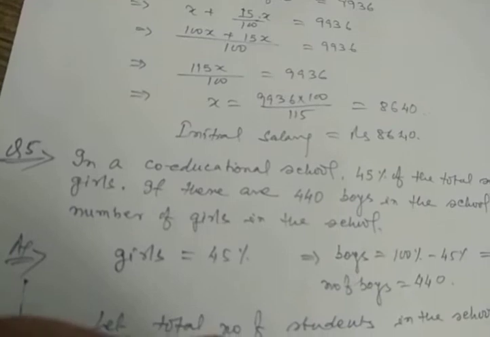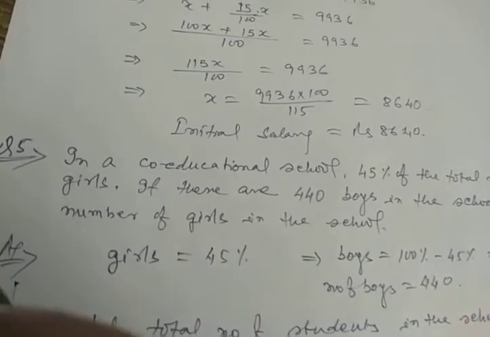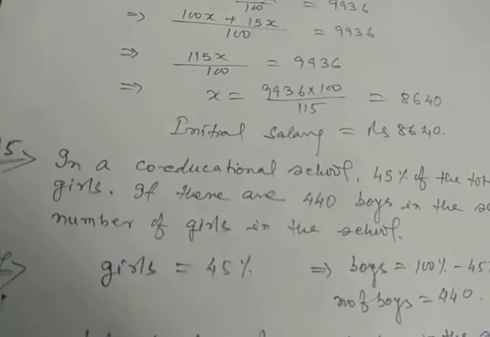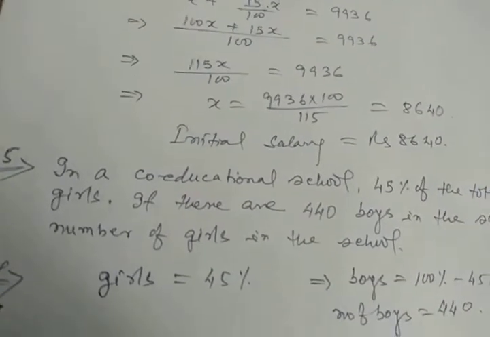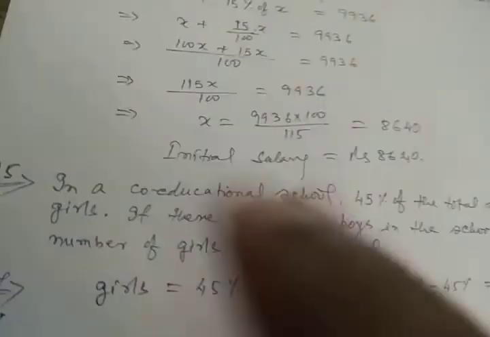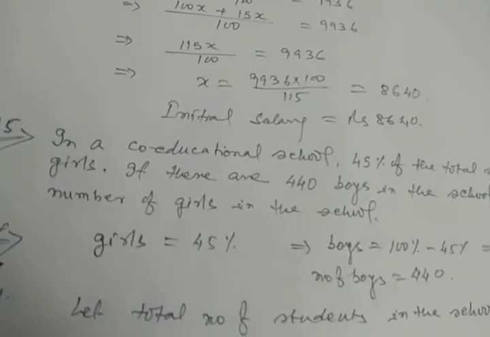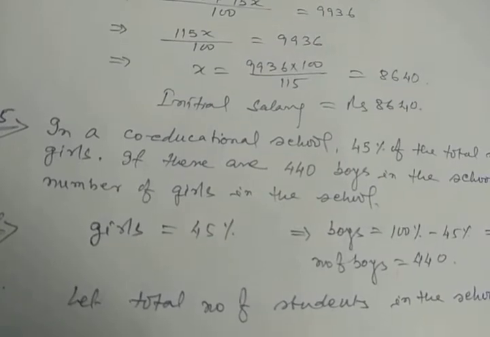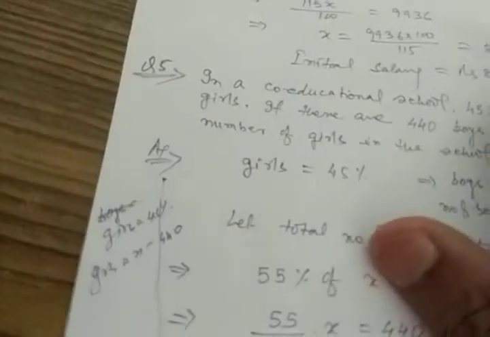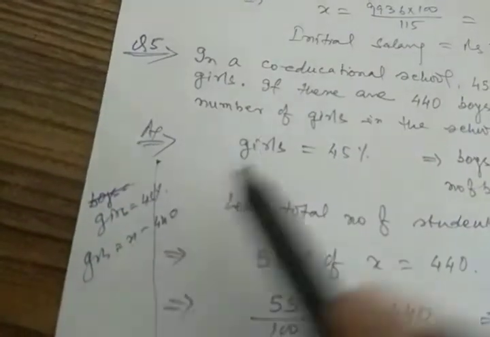Just see, I am doing it here. Not boys, just your girls. Girls is how much? 45%. And now the number of girls should be X minus 440. See here, girls is how much? 45%.